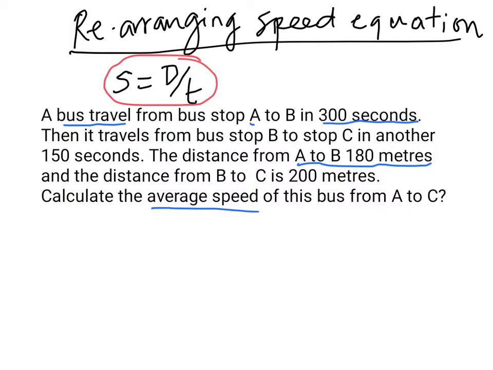Now the time taken from B to stop C is another 150 seconds, and the distance from B to C is 200 meters. So the speed may not be the same from A to B and then from B to C. However, we're going to work out only the average speed. The easiest way to do this is to work out the total distance traveled and divide it by the total time taken.